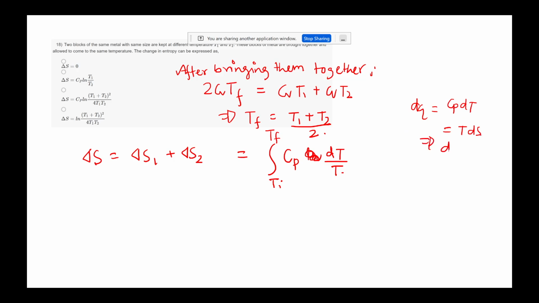So dS will be Cp dT by T. After putting that, this is for process 1. For process 2 it will be the same thing, Ti to Tf of Cp dT by T. Now do this integration, Sachin, for me, and tell me what will be the integration of this Cp dT by T.